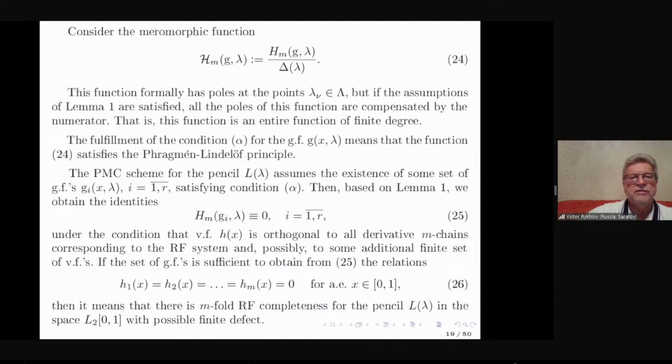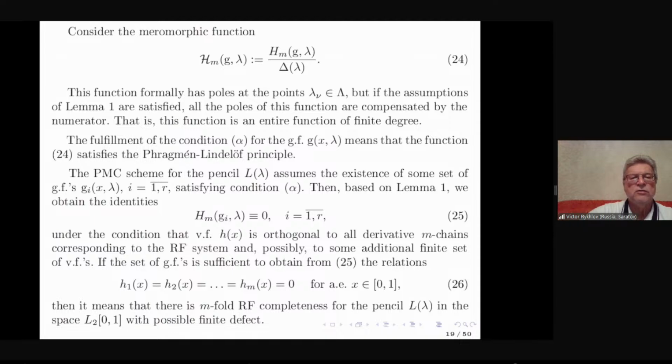Consider the meromorphic function 24. This function formally has poles at the points lambda nu from lambda, but if the assumptions of lemma 1 are satisfied, all the poles of this function are compensated by the numerator. That is, this function is an entire function of finite degree.